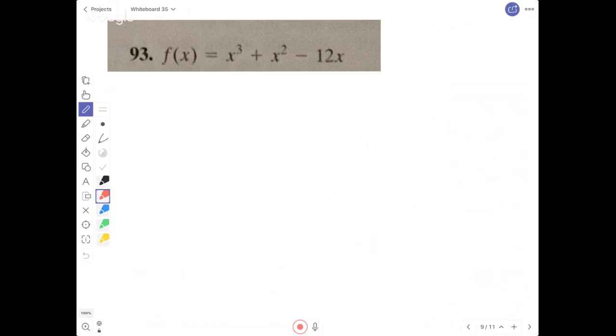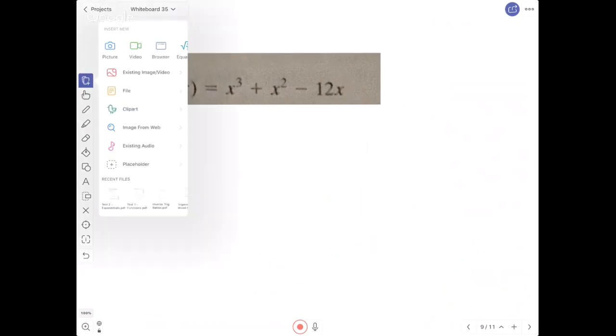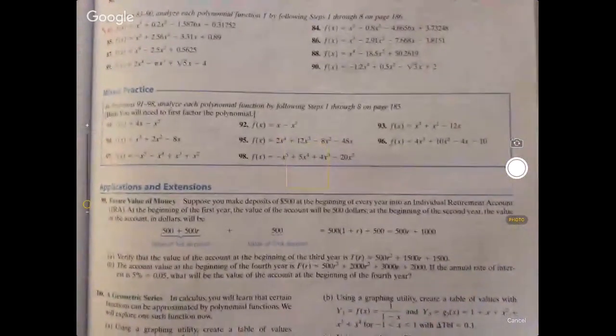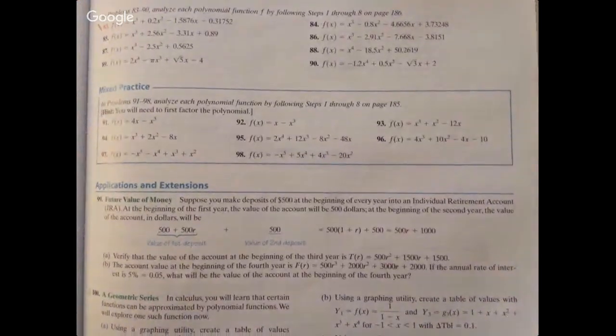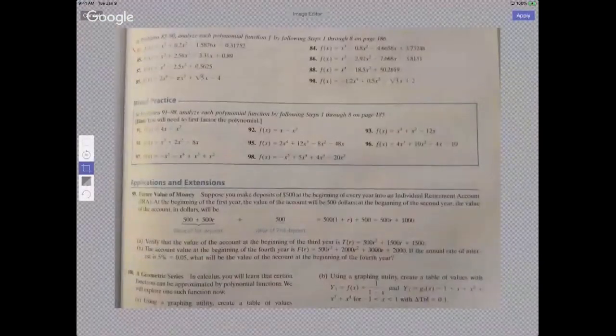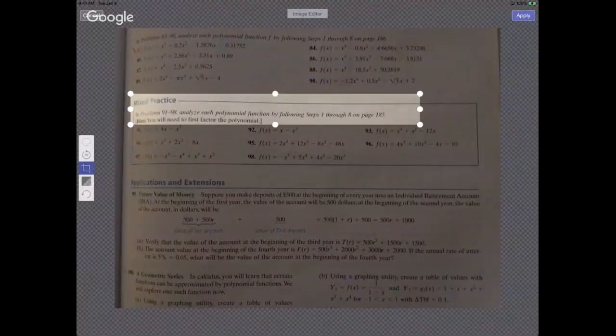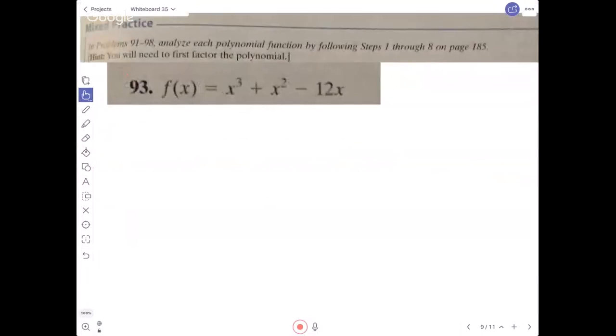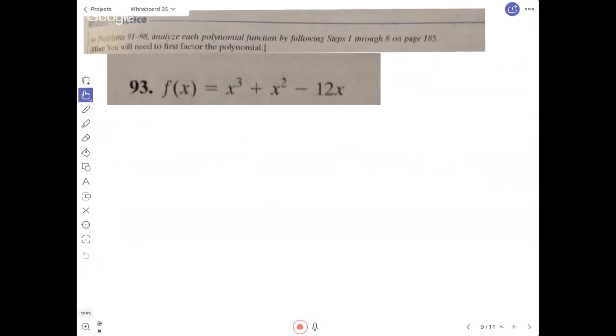So the directions here were, let me pull up the instructions. That would probably be helpful for doing this. Analyze the polynomial by following steps 1 through 8 on page 185. I'm actually looking at page 189 in my textbook. This is in section 4.1, which you guys all presented on.